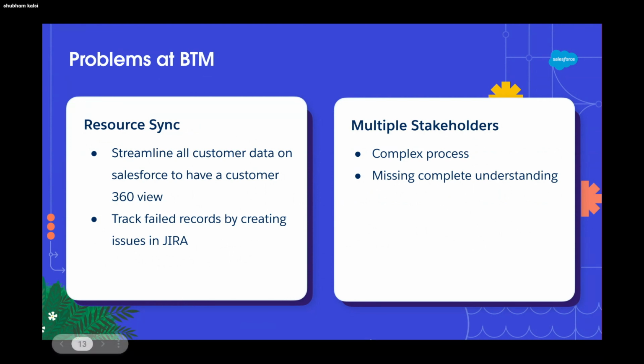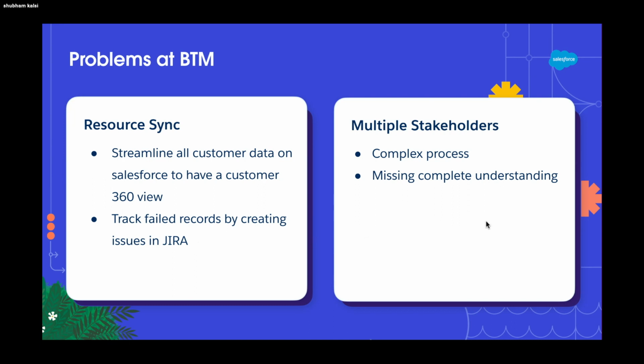Since there are multiple stakeholders for this particular system, the process is quite complex and quite manual. Some of the folks don't have a complete understanding, and it might be possible that they make errors and the sync is not in place. So these are the problems that the Between Two Mules company is facing.